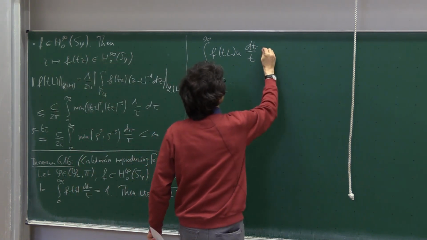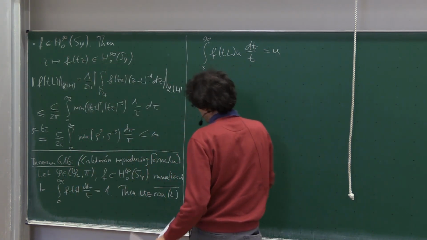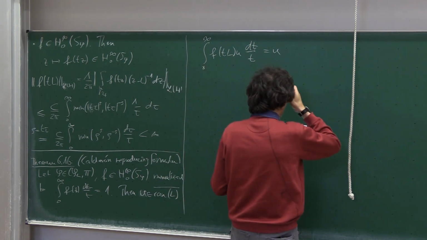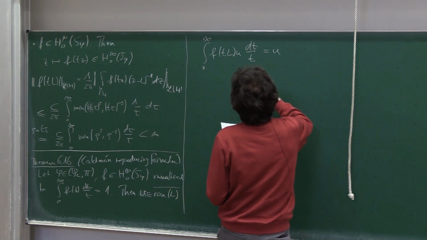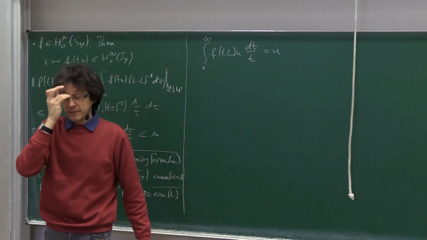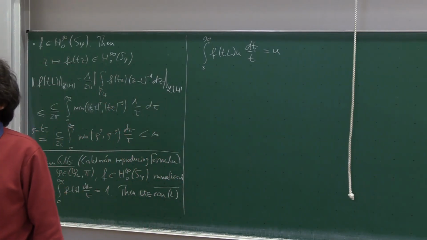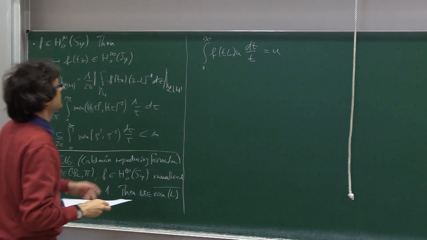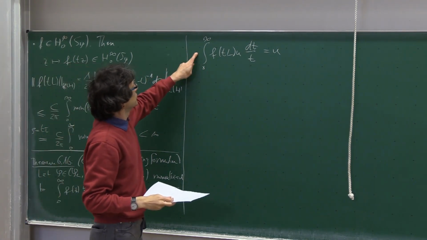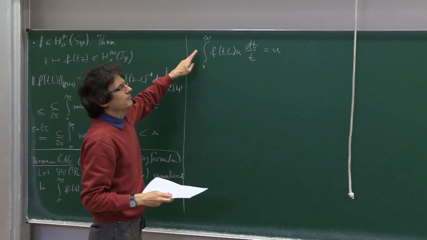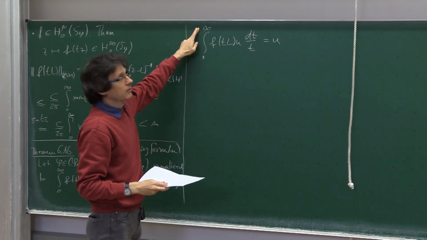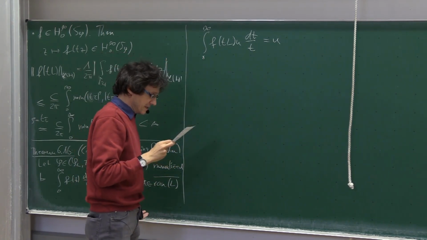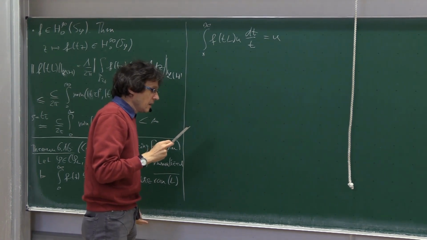So this should be u, and it is u, at least for all u in the closure of the range of L. And this integral has, again, like in chapter 4, to be understood as an improper Riemann integral, or as an improper integral. So you have to understand this as a limit epsilon going to 0, and r going to infinity. But these limits exist. Okay.